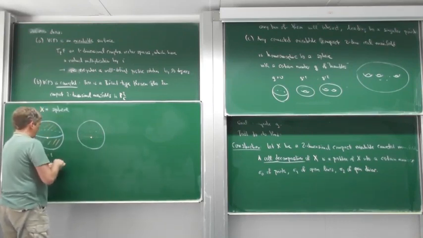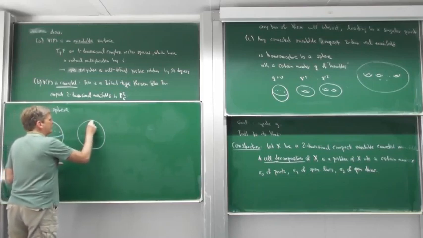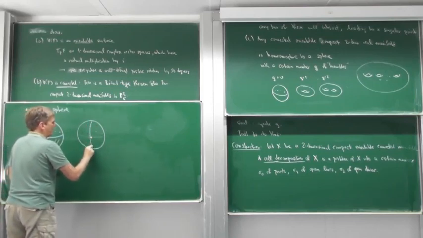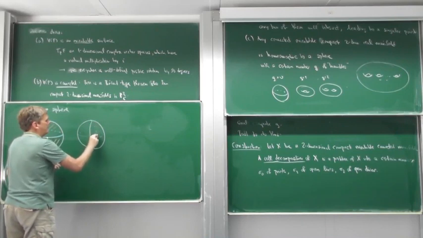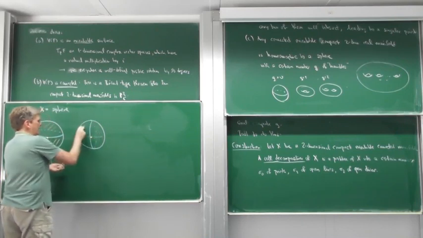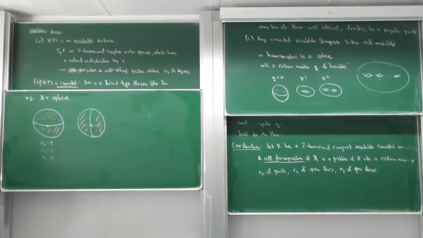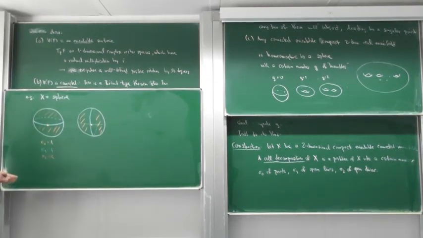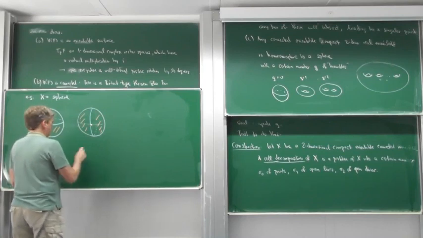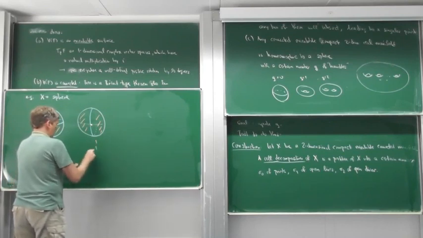So if I still take this point and now take for the line this one, so not the equator, but this line here, and then we have the left half and the right half of the sphere, I would again have the same numbers, but of course it's a different cell decomposition, right? So the same numbers here again, so it's again 1, 1, and 2.